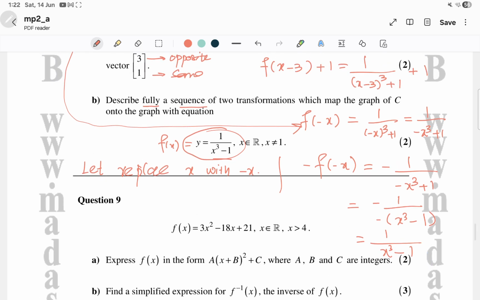You can see we times by minus 1 inside the function and we times by minus 1 outside the function. So this is a reflection about the x-axis followed by a reflection about the y-axis.